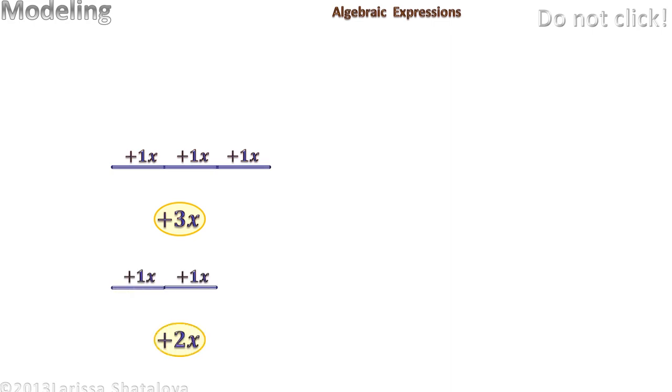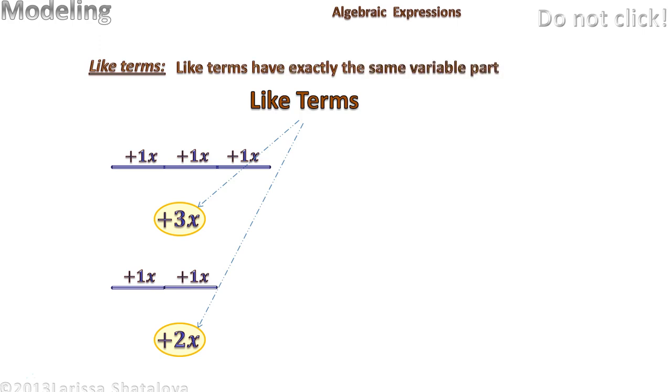Algebraic expressions can be simple and sometimes very complicated. Now we are going to learn how to simplify algebraic expressions if it's possible. Let's look into the first term, positive 3x, and then the second term, positive 2x. These two terms we would call like terms, because the definition for like terms is that like terms have exactly the same variable part.